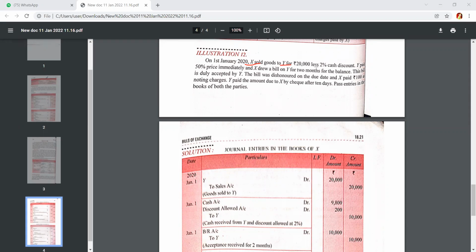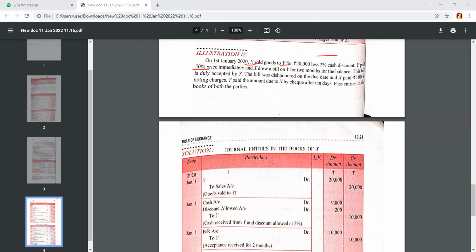Now see, here the cash discount is 2%. This 2% is given over here. Y paid 50% price immediately, and X drew a bill on Y for 2 months. This bill was duly accepted by Y and the bill was dishonored on the due date. X paid 100 rupees as noting charges. Y cleared the amount to X by cheque after 10 days. Pass the necessary journal entries in the books of both.